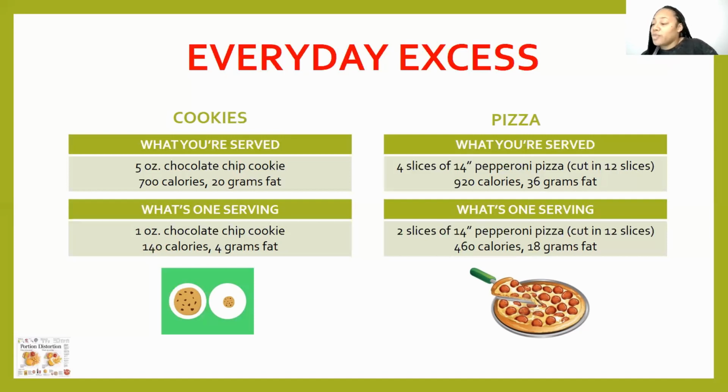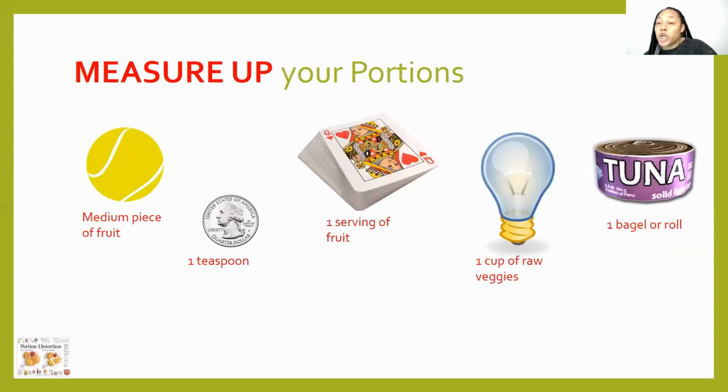All right, so what can we learn from now knowing that we are often served more than 1 portion, okay? And if you don't take anything else from this everyday excess, you should take that we should always measure up our portions, okay? But how do we do this without carrying a measuring cup around?